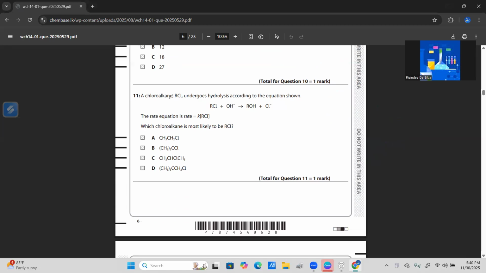Then the 11th one, a chloroalkane undergoes hydrolysis according to the equation shown. The rate equation is given, which chloroalkane is most likely to be RCl. So children, in this halogenoalkane, you have only 2 types of rate equation. One is with only the halogenoalkane, the other one contains RCl and OH.